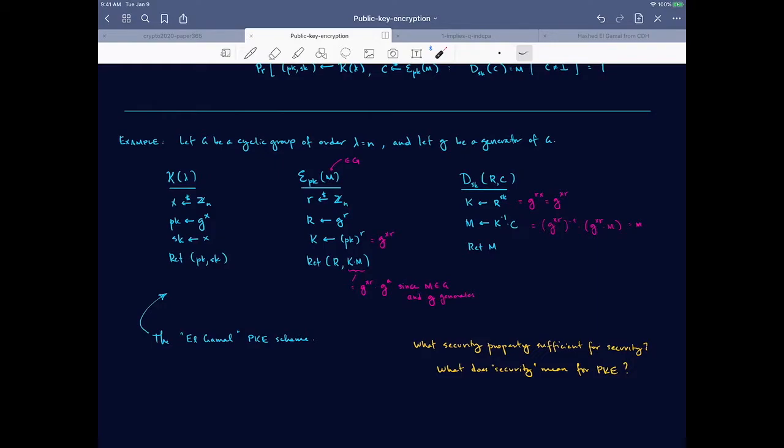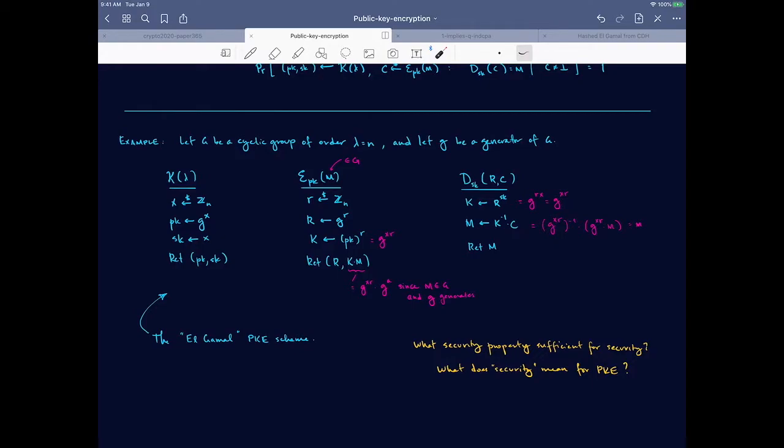Likewise, if upon seeing the public key, which is g to the x, and a ciphertext, which is g to the r for a random r, and then this core component, in particular the public key and the per-message randomness capital R, so you have g to the x and g to the r, if from those you could compute g to the xr, which is the key, then you'd be able to decrypt again, right?